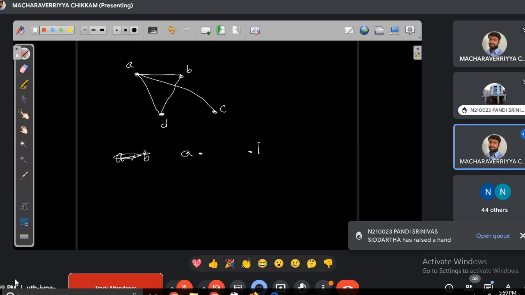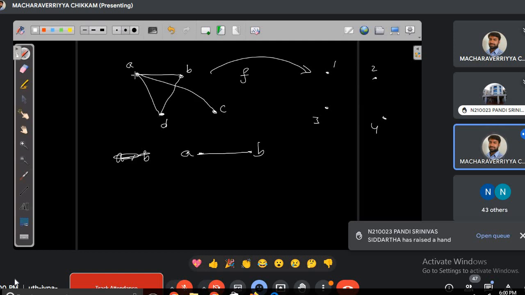So if A and B are connected by an edge, let's say you define a function f from this set to another set of vertices, let's say the vertex set is 1, 2, 3, 4. So here I'm defining a one-to-one mapping.